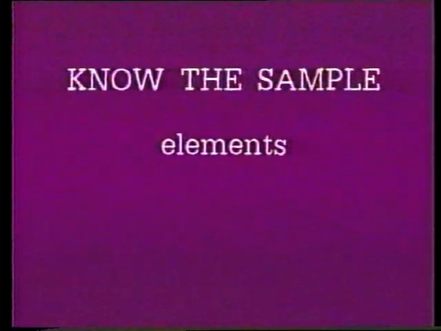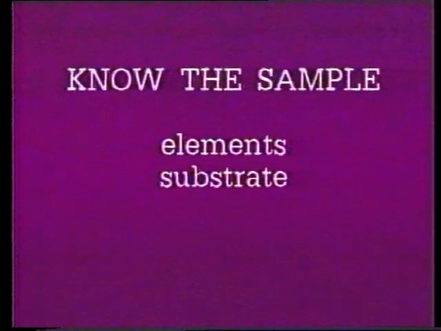When setting up for the profile, it's important to know something about the sample, what elements you want to follow as indicated on the surface, which we are now monitoring, and also we need to know what the substrate is. We need to include that in the profile, so once we sputter through the material on the surface, we will be able to monitor the substrate material and know when we are into the substrate, thus telling us that we are finished with the depth profile.